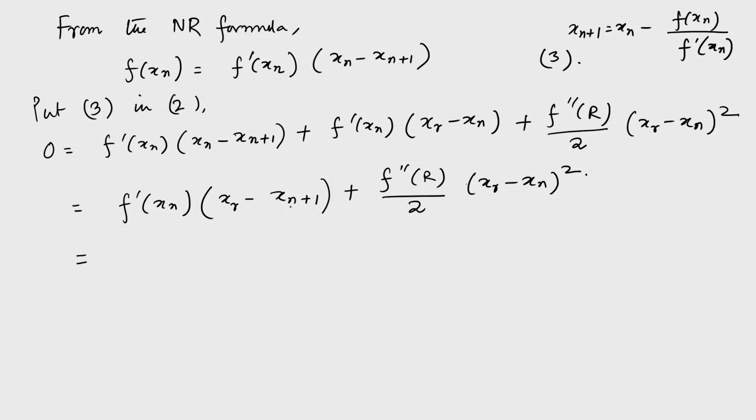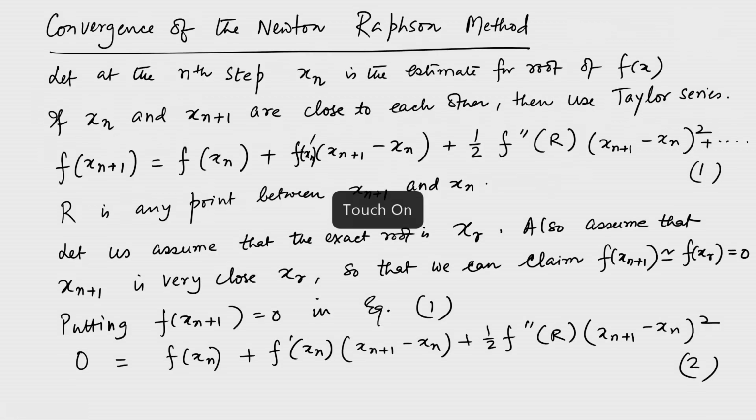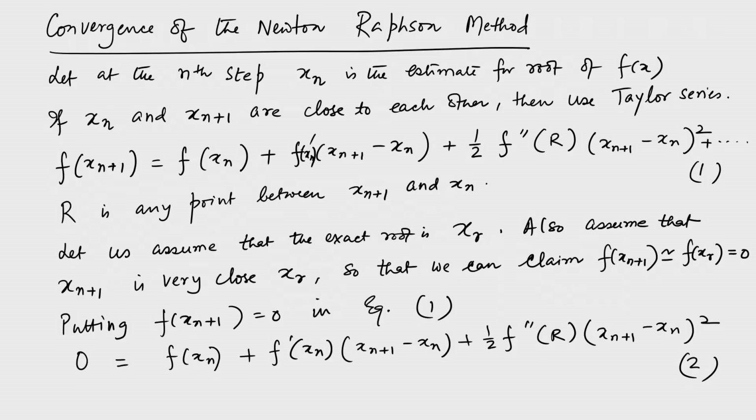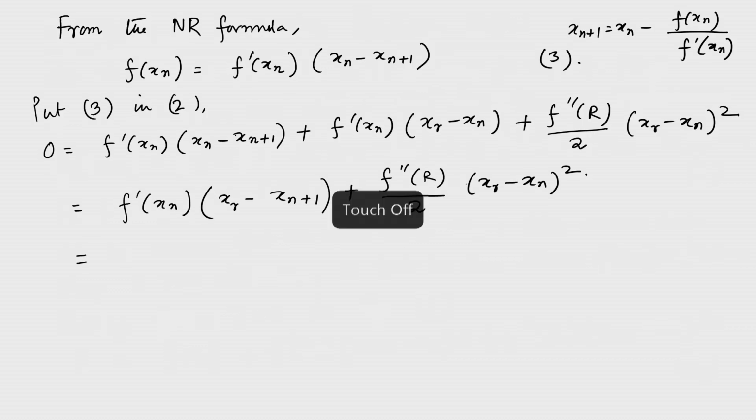Of course, we have not substituted this to be equal to 0. If you look at it, we have taken x n plus 1 equal to x r in the second term, but have not taken it in the first term. We have still considered x r and x n plus 1 to be different, and this is what we call epsilon n plus 1, the error at the n plus 1th step, and this we call the error at the nth step.